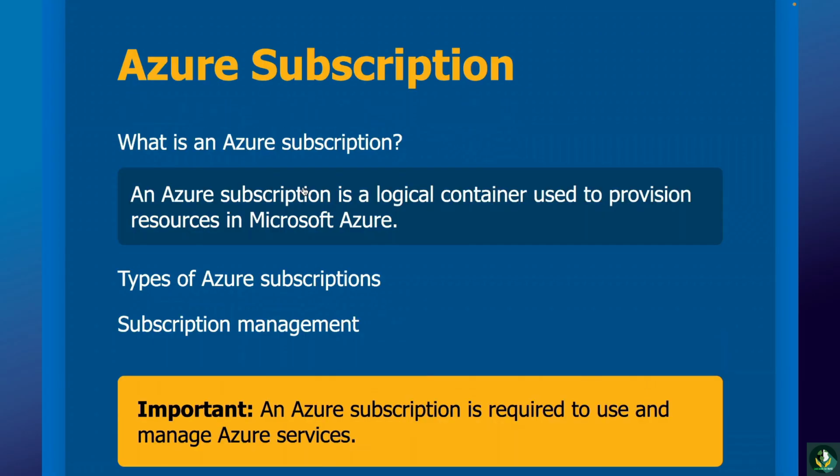A subscription is an Azure logical container where resources like virtual machines, storage accounts, and databases are deployed and managed. And as you remember, it is linked to an Azure account, which is an identity in Azure Active Directory or in a directory that Azure Active Directory trusts.